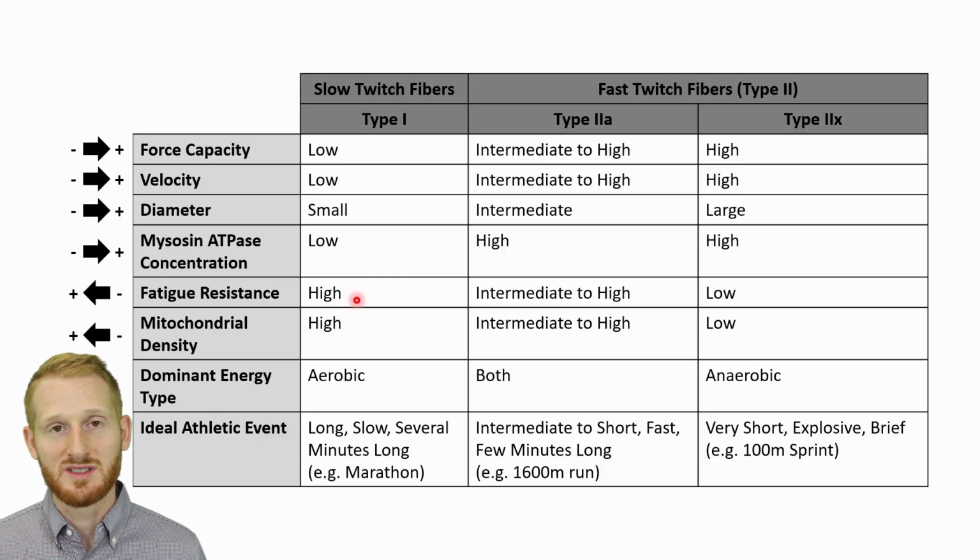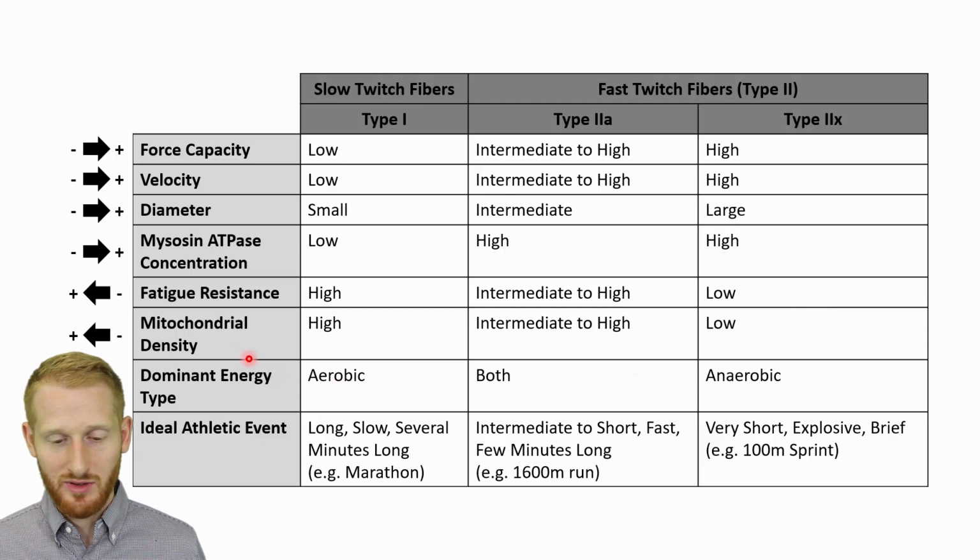You're going to be much more fatigue resistant in your type 1 fibers and much more likely to fatigue, so to get tired in your type 2s, especially the type 2Xs, because again, looking at this as a continuum, it's more positive on the type 1 side, more negative, so worse on the type 2X side.